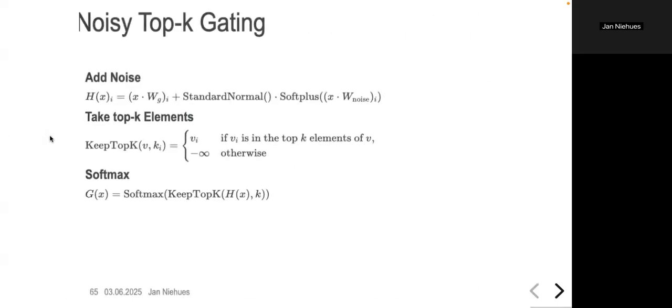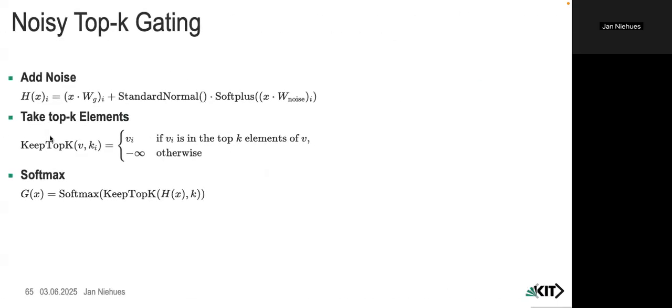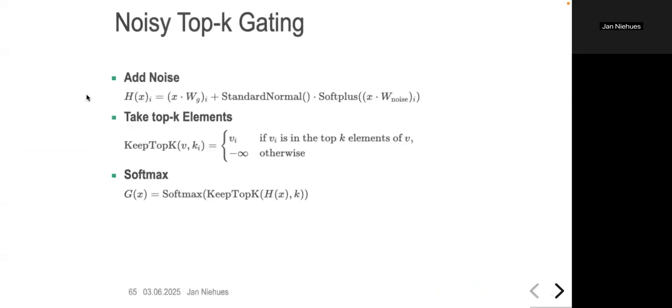One typical way of doing it is the so-called noisy top K gating, where the idea is, yes, we're doing our H_k as before, as the x_k times W_g, that is as we had before.